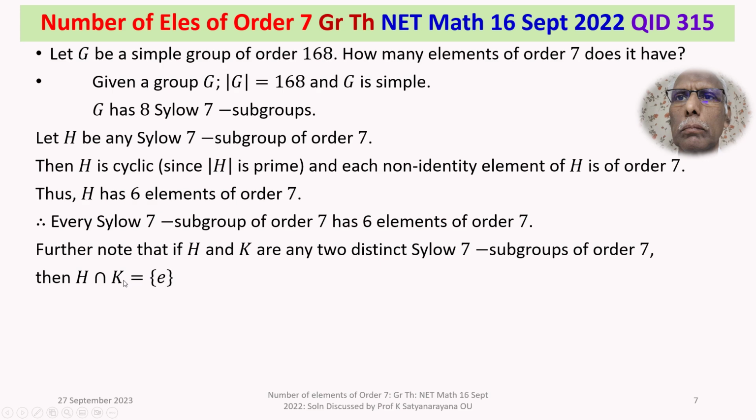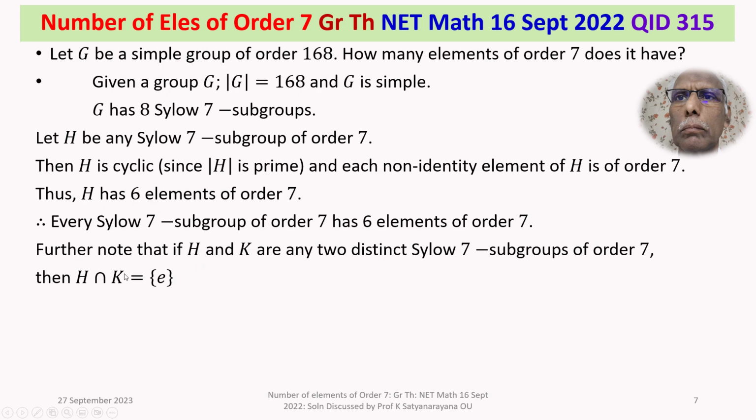Therefore, H intersection K is a subgroup of H, and a subgroup of K, and the order of H is 7. So by Lagrange's theorem, the order of H intersection K divides order of H, but order of H is 7.